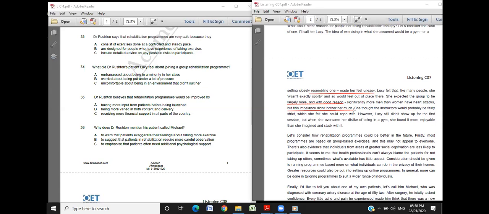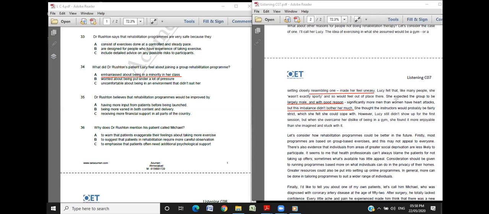So here, answer option A was ruled out. It is true that she thought that there would be more males there, but she was not bothered about it. She was not embarrassed about it. This imbalance didn't bother her much.